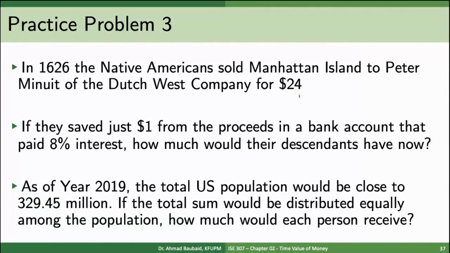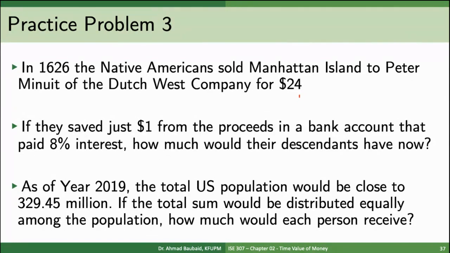They're saying if they took this $24 and saved just $1 from it, put it in a bank account or a savings account, and let's say they would have gotten 8% interest every single year, how much would their descendants, of course they would be dead because this is all the way back in 1626, how much would their descendants have now in total?